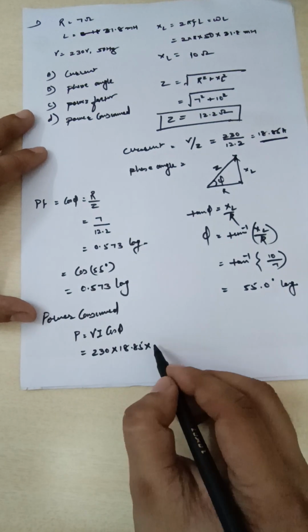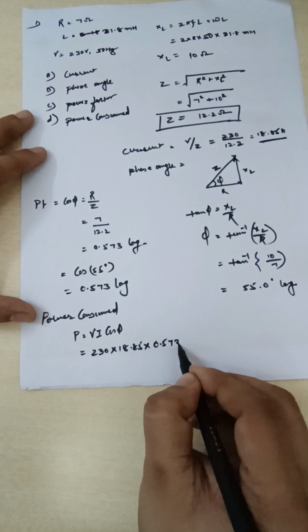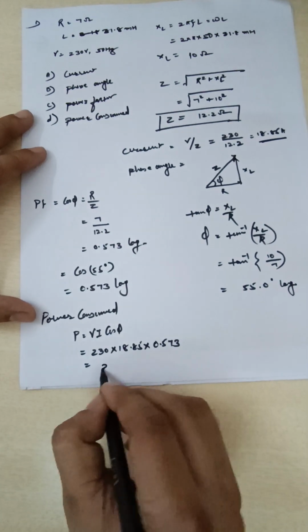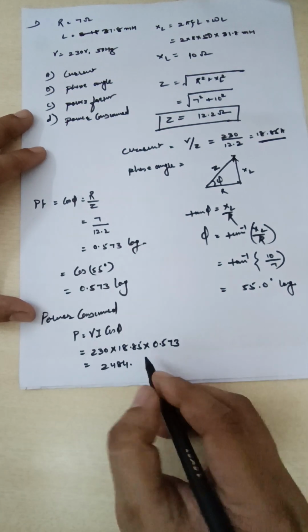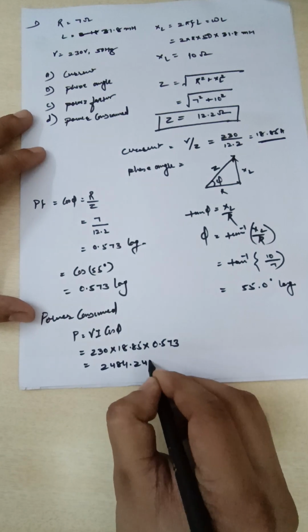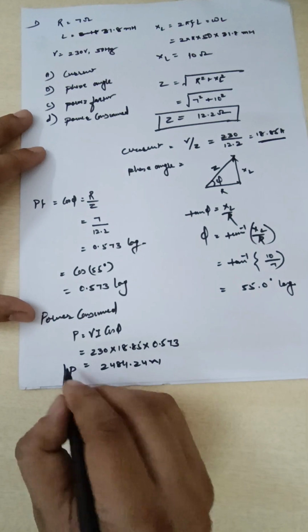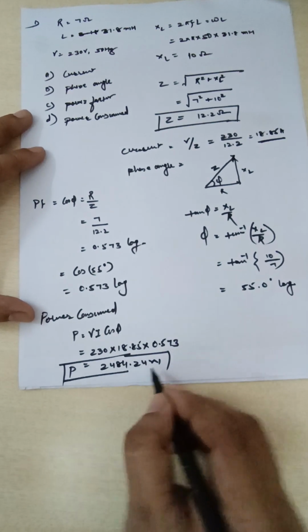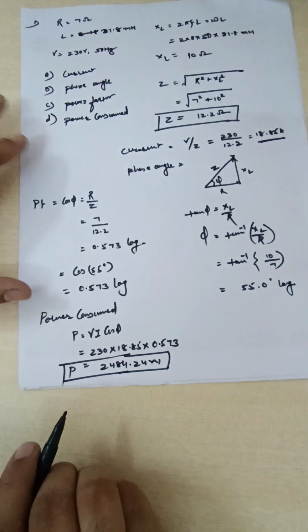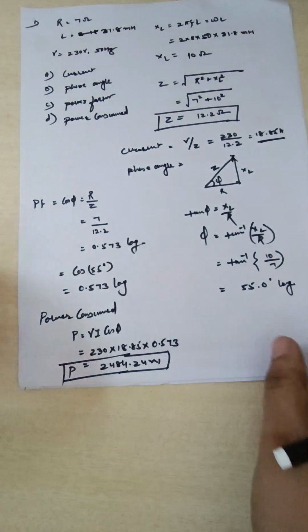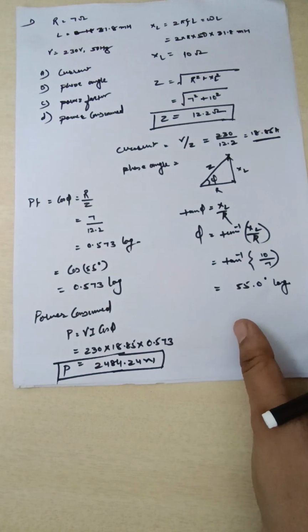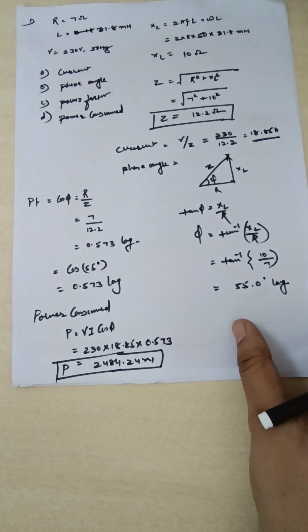And what is power factor? 0.573. So you will get 2484.24 watt. This will be the power which will get consumed in the circuit. Clear? So this is the concept of series RL circuit. Clear?